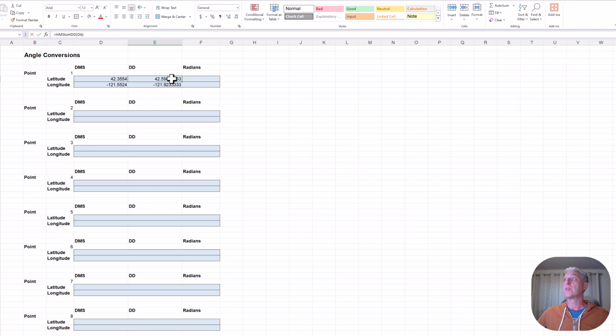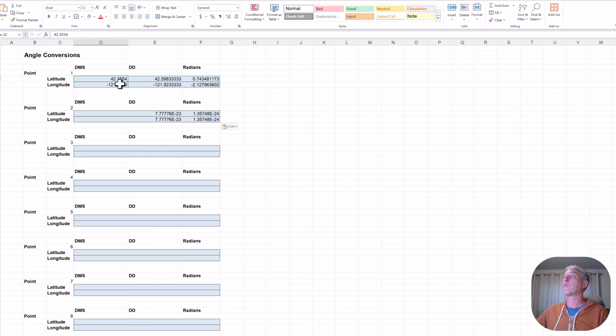Whereas this one represents that cell, since we dragged it down, this one is representing the longitude cell. And then convert it to radians. Now what you can do is just drag that down, and I'm going to just copy these. Remember, I'm just copying the formula, and I can just paste it into these, right?